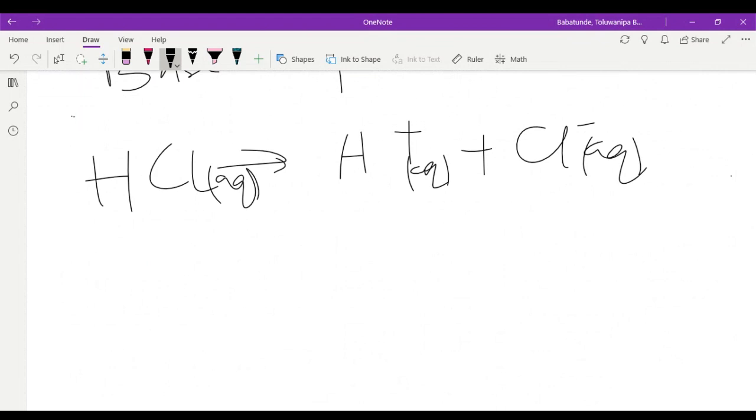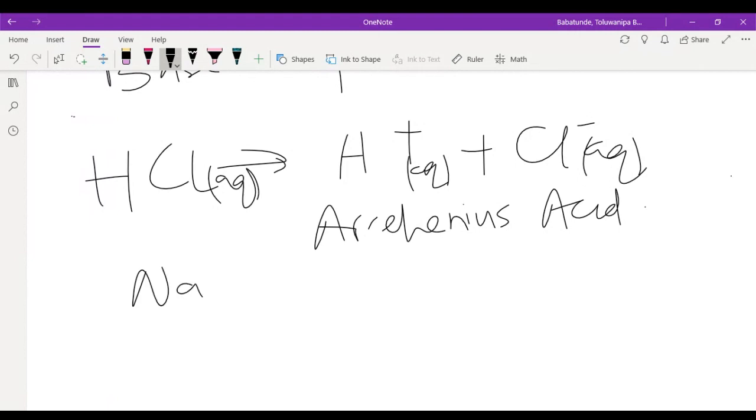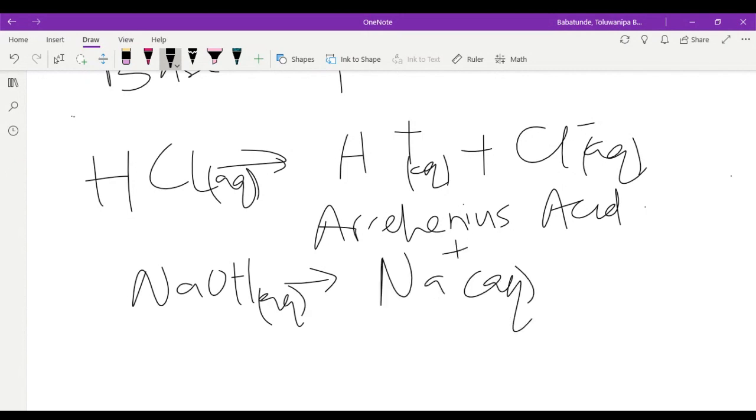So that is going to be our Arrhenius acid. For a base, we have sodium hydroxide, NaOH aqueous, which is going to dissociate into sodium Na+ aqueous plus hydroxide OH- aqueous.